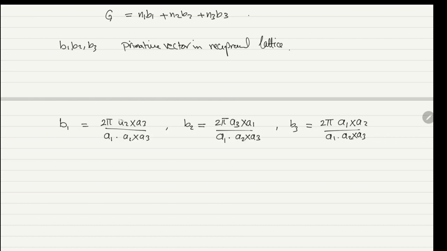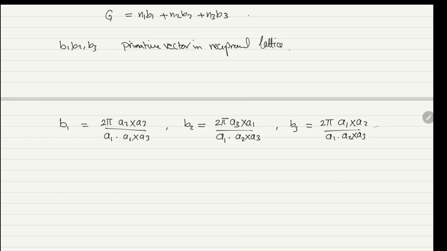And pay attention here, it's cyclic: B1 from A2, A3, B2 from 3, 1, and B3 from 1, 2, divided by the primitive volume.